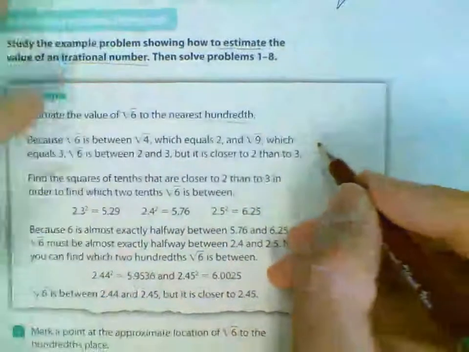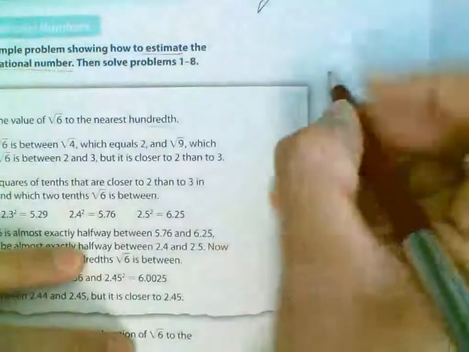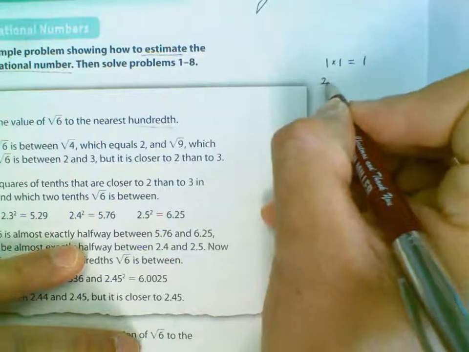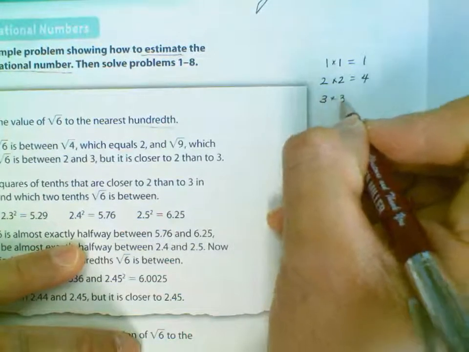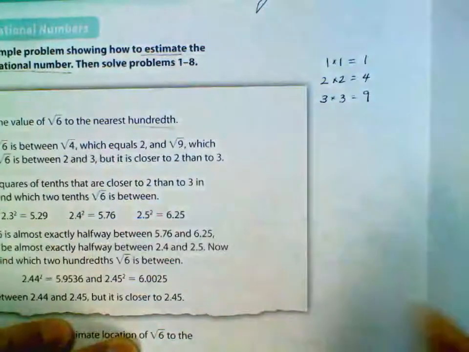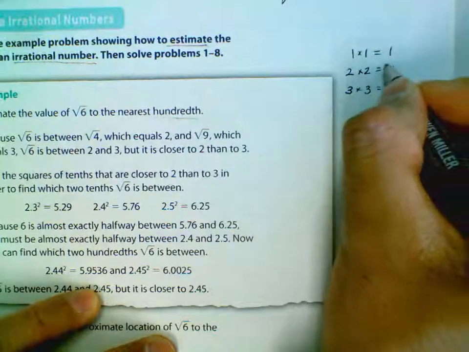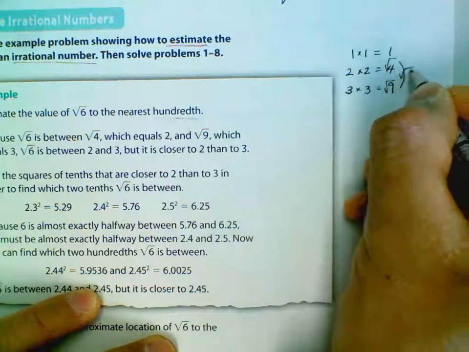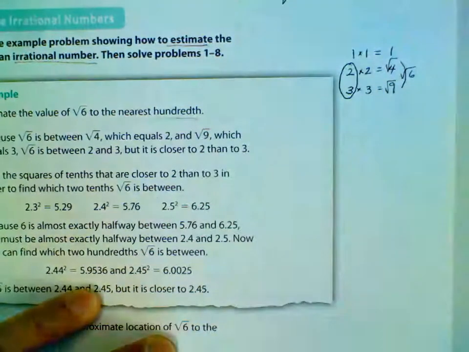Remember what we did in class: I usually start with the perfect squares. So 1 times 1 is equal to 1, 2 times 2 is equal to 4, 3 times 3 is equal to 9. That means the square root of 6 is between these two values, between 2 and 3.